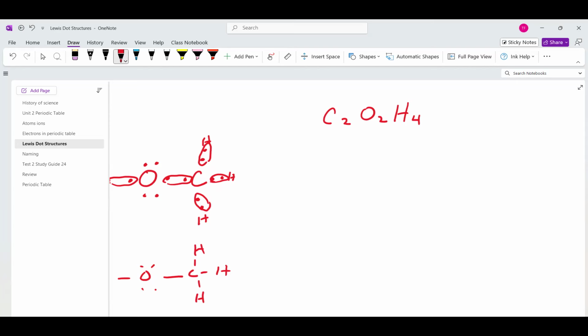When you're counting the electrons, you have to count the pairs and the bonding pairs, for the 8. But there's not 8 in this whole structure. No, you're doing it per atom.